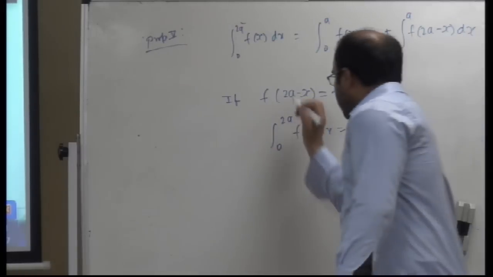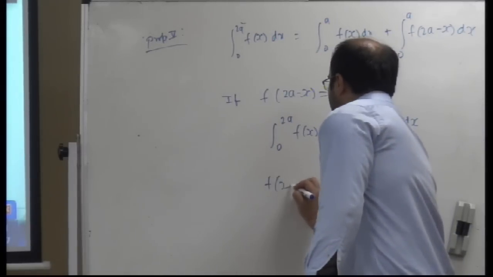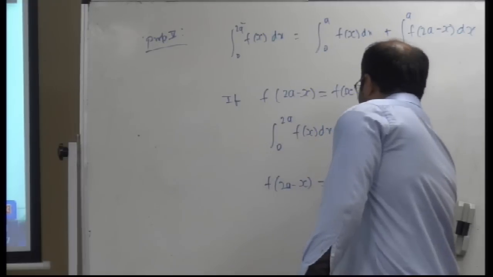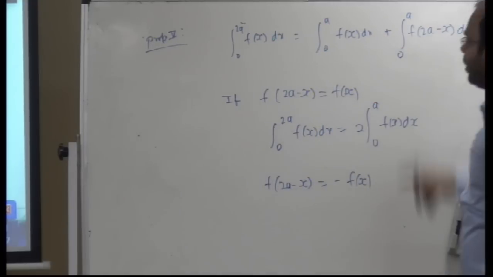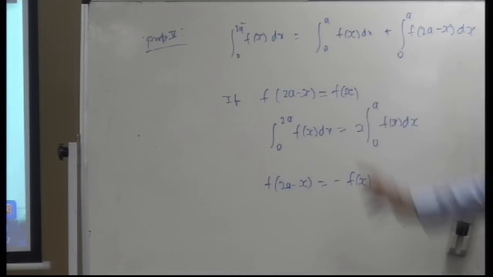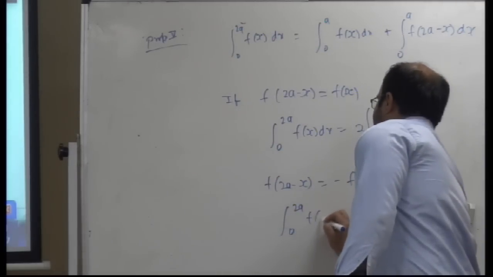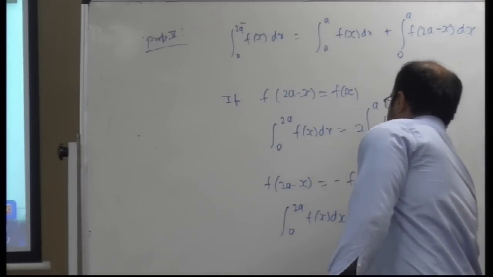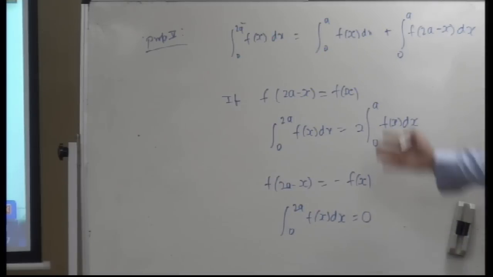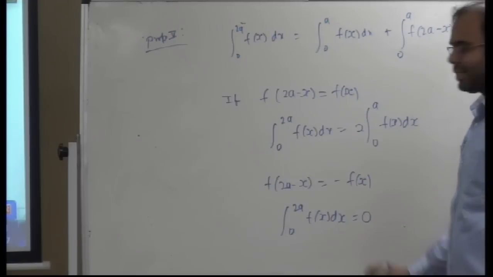And if f(2a minus x) equals minus f(x) in this interval, then both will get cancelled and you will get the integral from 0 to 2a of f(x) dx as 0. I hope it is clear. If you remember this one, you can understand this corollary.